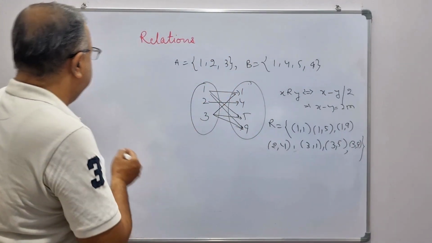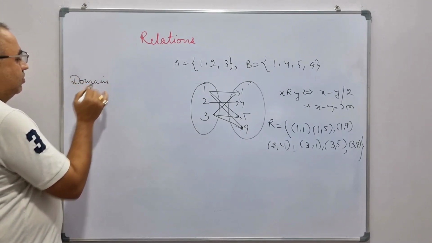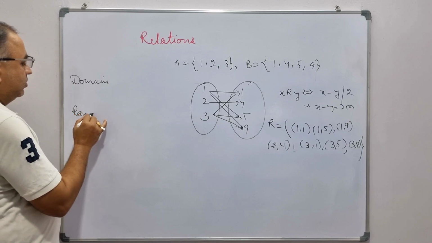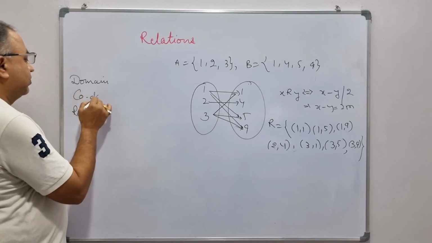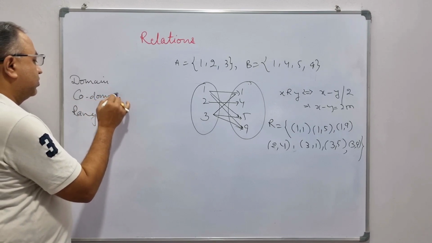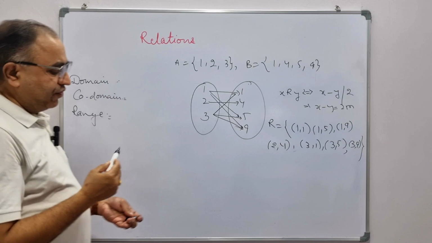So now comes the domain of the relation and the range of the relation. Domain and range. Codomain. What is the domain of a relation?